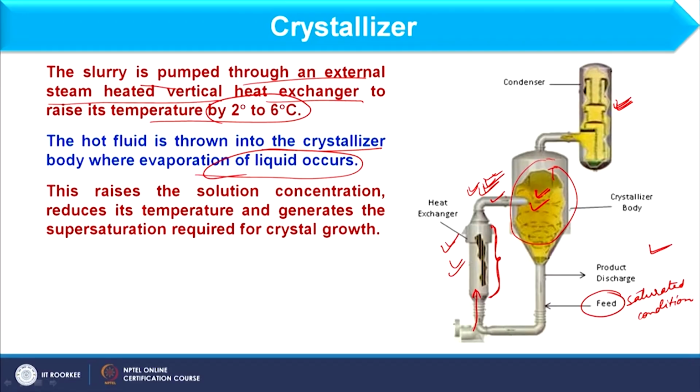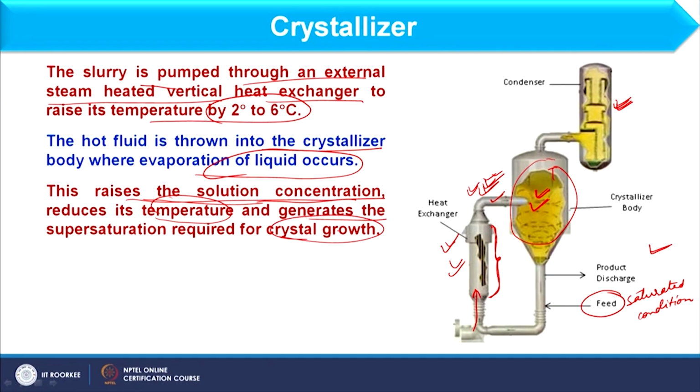So, the solution which is available in this vessel reaches supersaturation condition. When it is at supersaturation condition the solution concentration increases, and as temperature is reduced, generation of crystals occurs here.